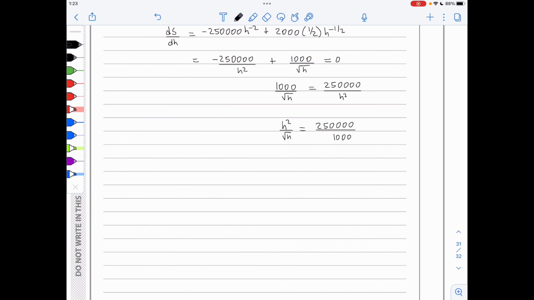And therefore h to the 3 over 2 is equal to 250, which means that h is 250 to the power of 2 over 3, which matches the form in which we had to give our answer. Therefore k is 2 over 3.